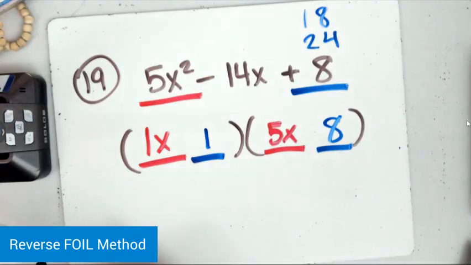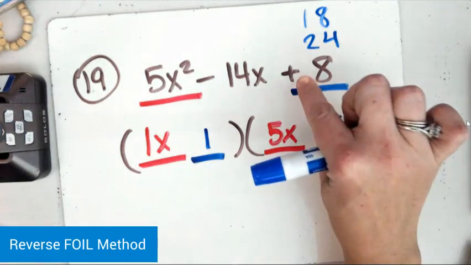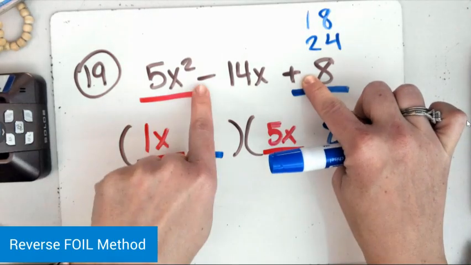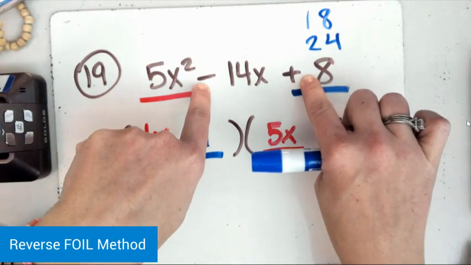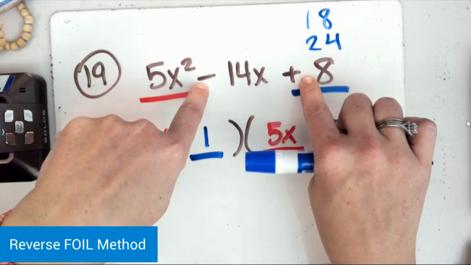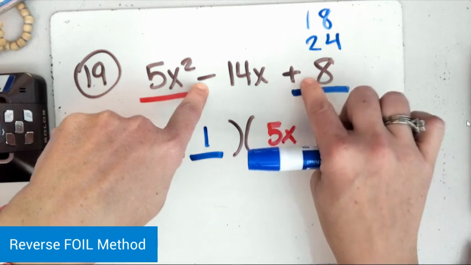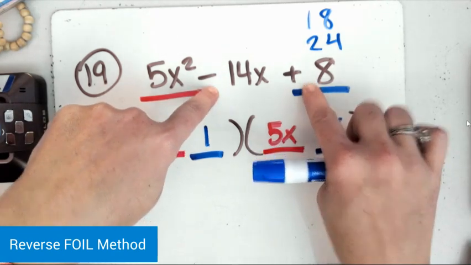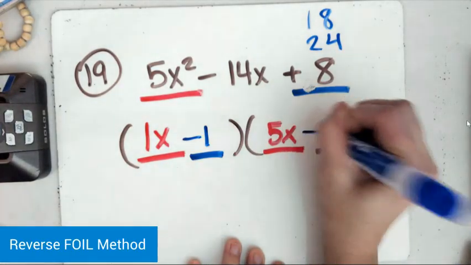All right, 1 and 8. Now here's what's interesting. Look, the product is positive, but combining them is negative. What does that mean? The product is positive, and they combine to be a negative. That means they both have to be negative.